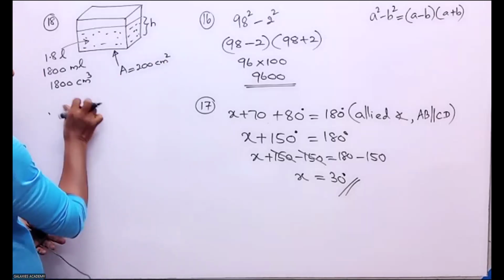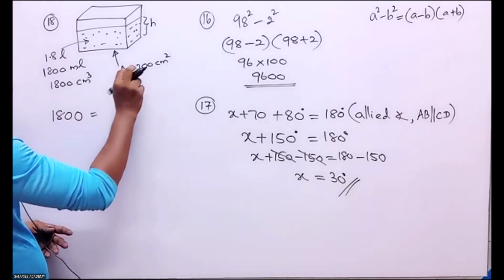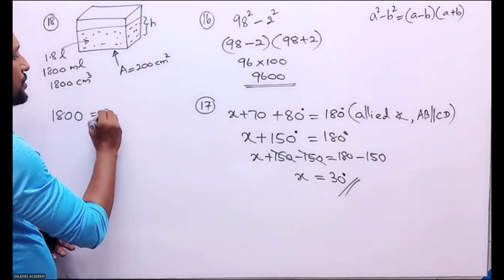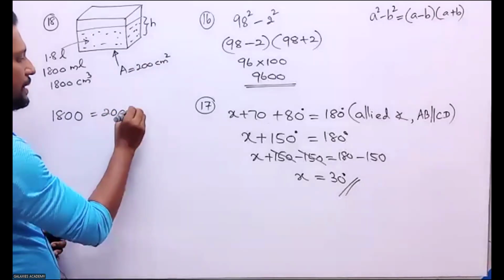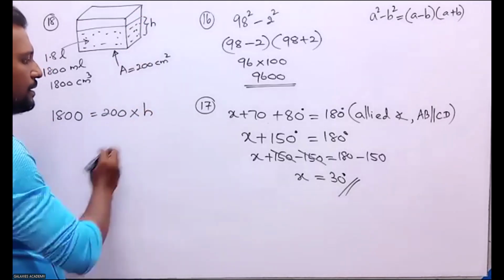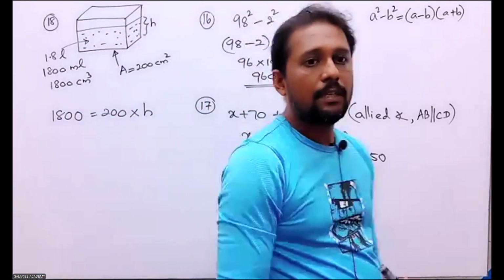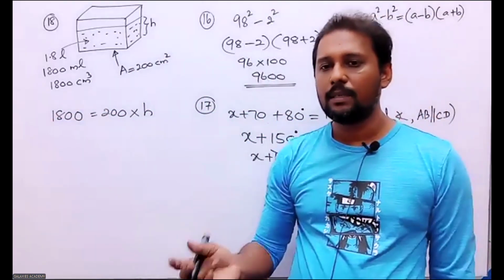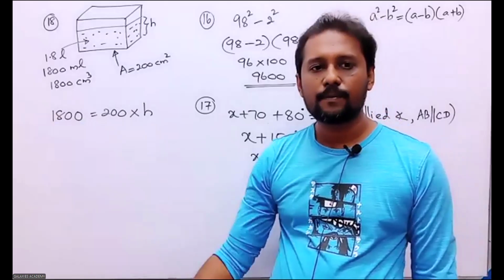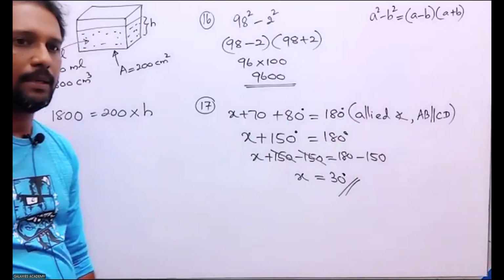Volume I can also write as 1800. Area of the base 200 square centimeters multiplied by height, which I took as h. Right? This is the relationship, no? Then you can simplify this one. Then you can find the height h. What do you have to do? Both sides you have to divide by 200.